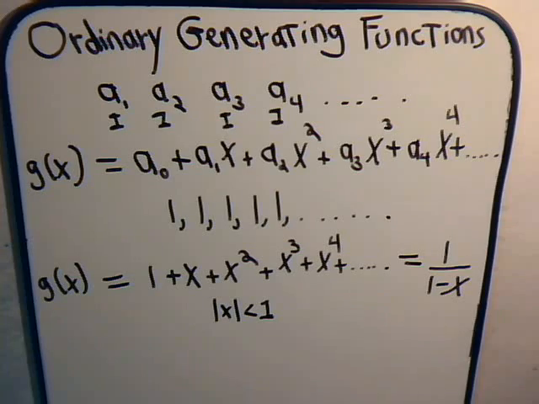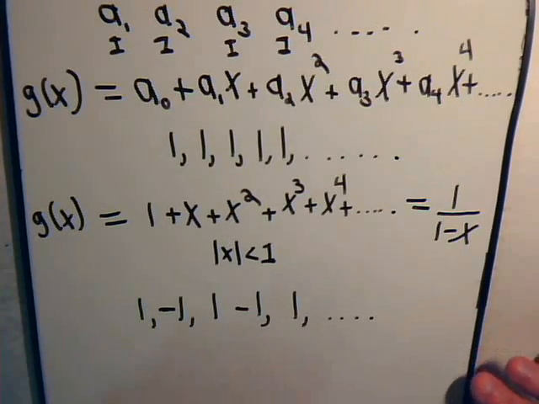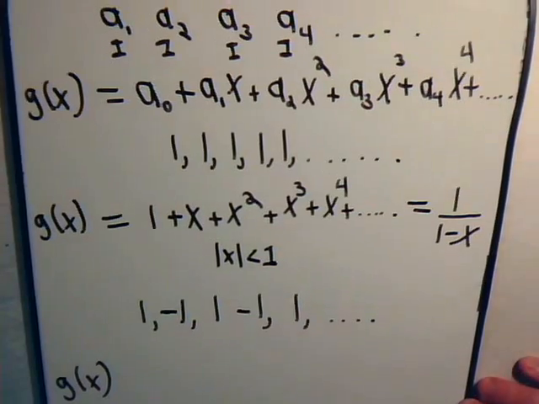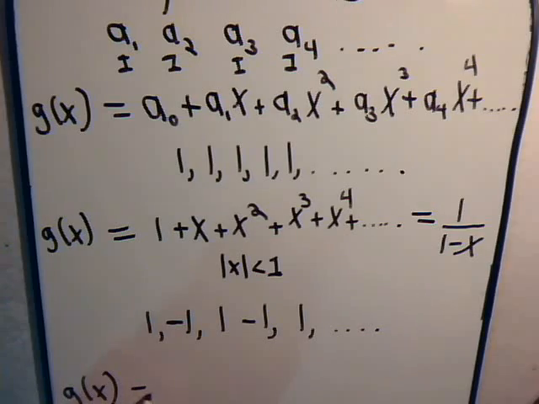Or suppose we had, say 1, and then negative 1, and then positive 1, negative 1, positive 1, and so forth. So now the generating function starts off with a constant. The constant can be 1 if we want to.